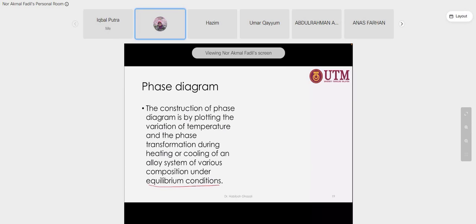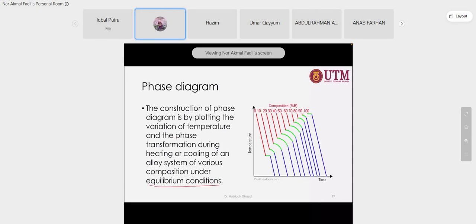At that time you will obtain a non-equilibrium phase, where over time there's so much residual stress inside the phase, and over time it will age or change its phase. That one is non-equilibrium. But when we talk about equilibrium, we let the diffusion occur smoothly, and it will be stable at that condition over time.